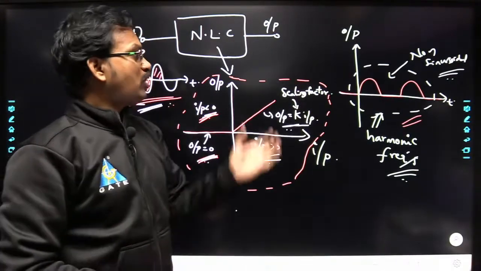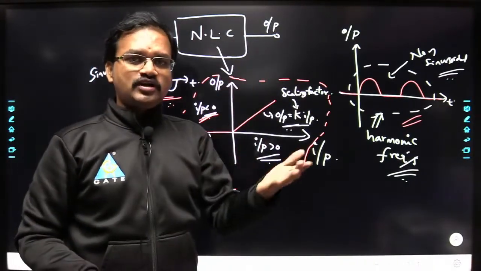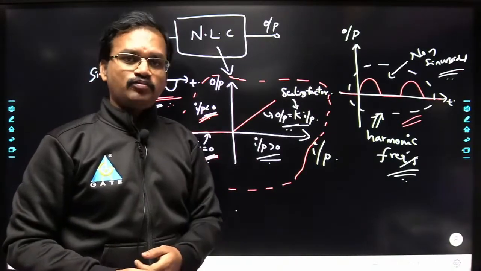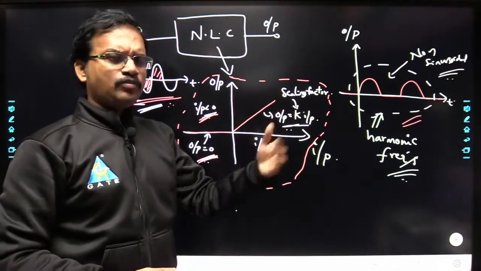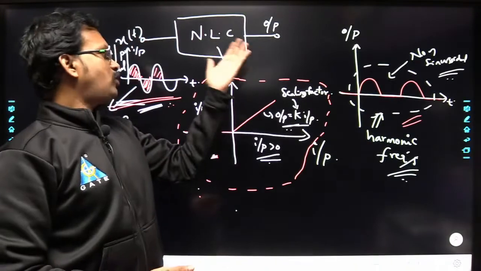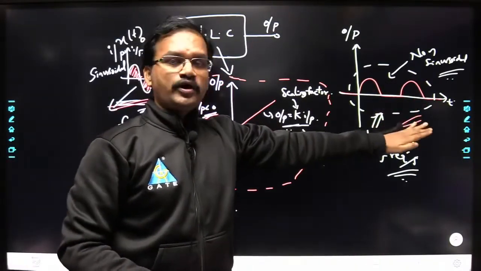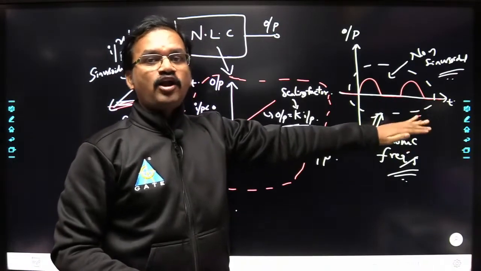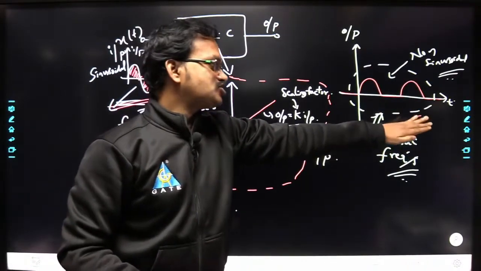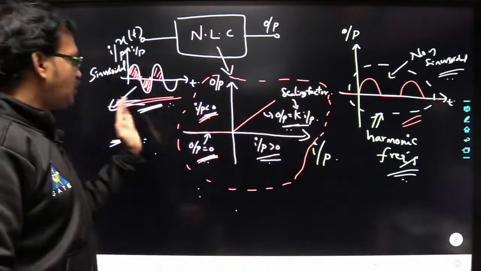So a non-linear circuit is going to generate harmonic frequency components that add up with the actual frequency component, and hence at the output you get a non-sinusoidal waveform, that is, a waveform distorted from the input signal.